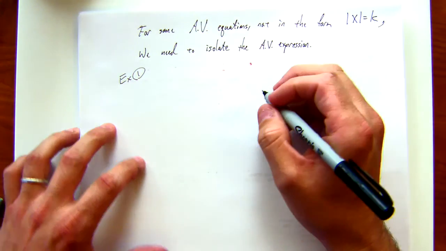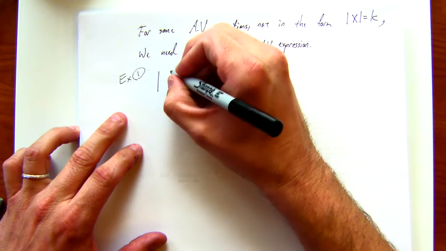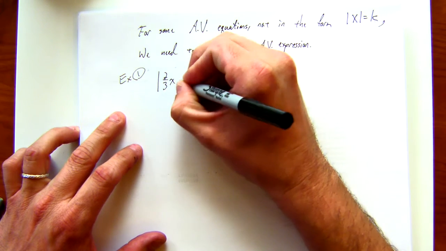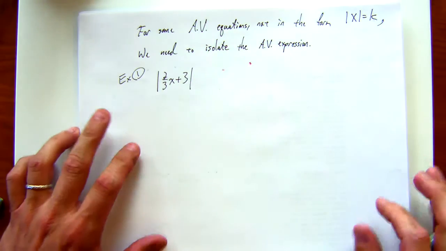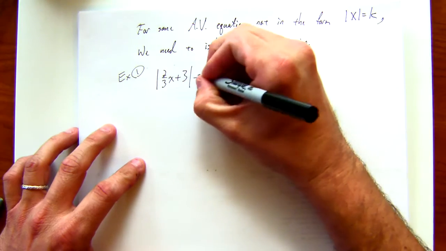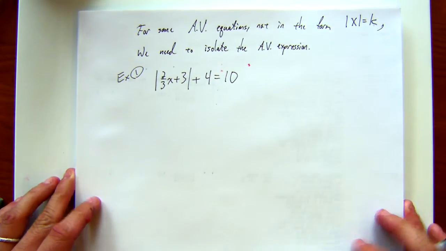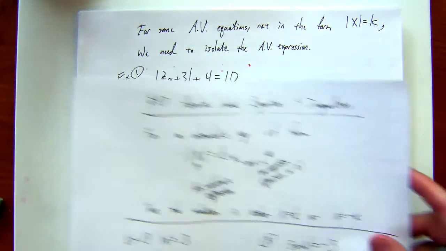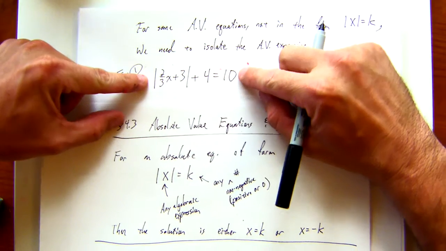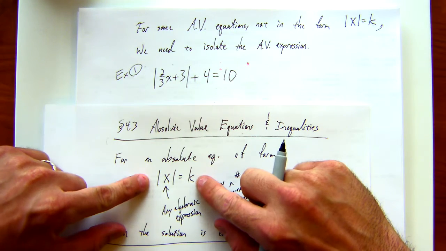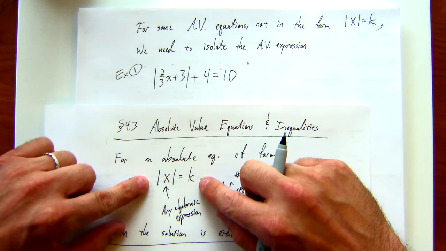Example 1. Suppose we have the absolute value of 2/3 x plus 3, plus 4 is equal to 10. Does this match the form I talked about before?